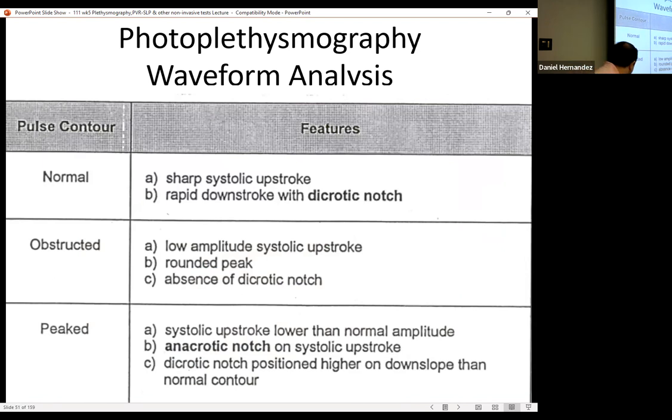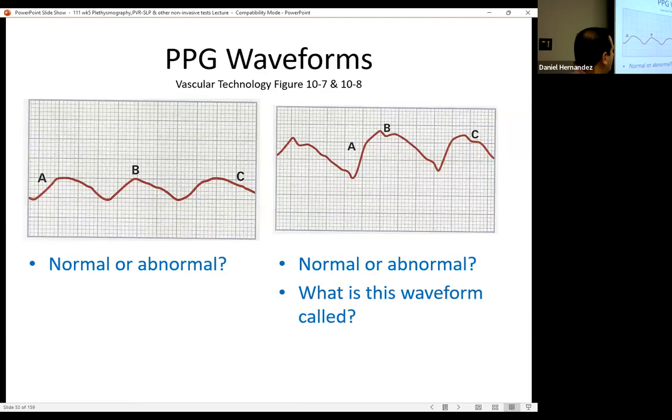So peaked is Raynaud's. We may see an anacrotic notch, and that dicrotic notch is positioned higher on the downslope. And then an obstructed waveform has a low amplitude, rounded peak, absent dicrotic notch. This would be obstructed, and the other one would be a peaked waveform with Raynaud's.